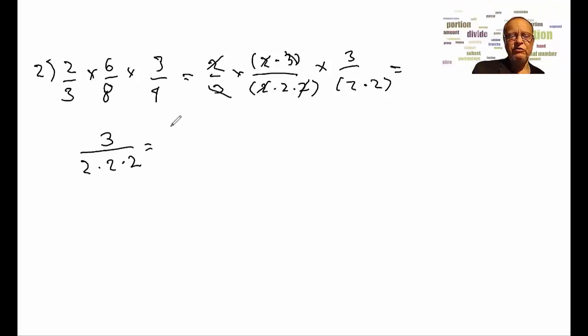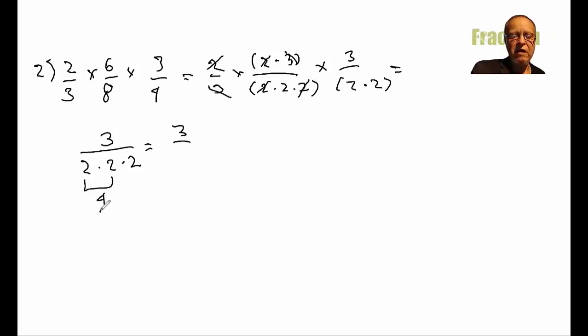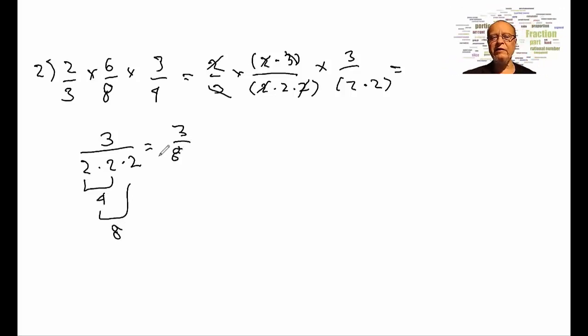And this is going to be equal to 3 over 8, because 2 times 2 is 4. And 4 times 2 is 8. So I'll end up with 3 over 8, like I did just multiplying straight across and then simplifying.